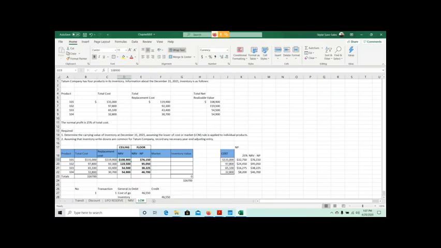And then the floor is going to be the net realizable value less the normal profit percentage. In this case, normal profit was given as 25% right here. And so I took 25% of the cost and then subtracted it from the net realizable value to arrive at these numbers that are shown here under floor. Okay.